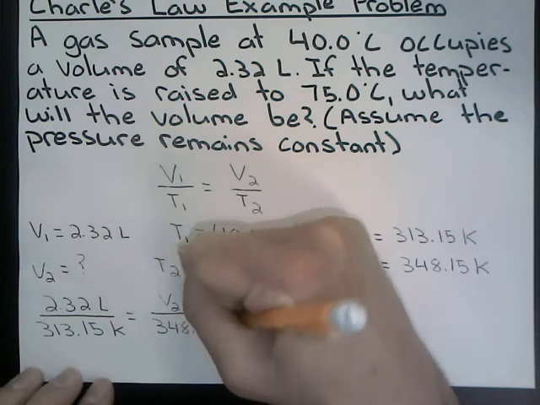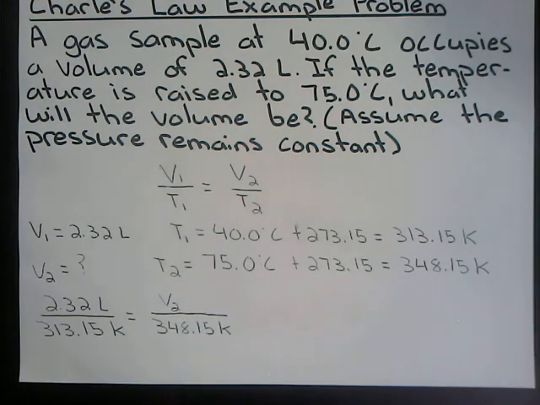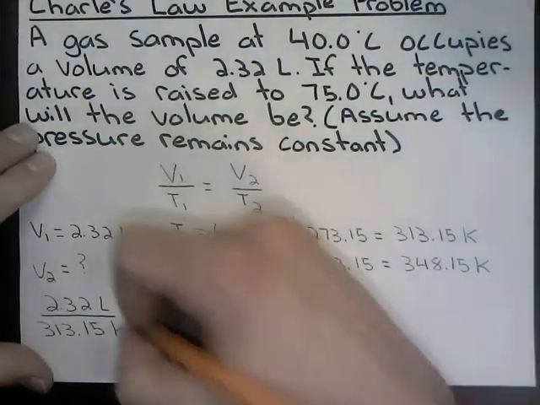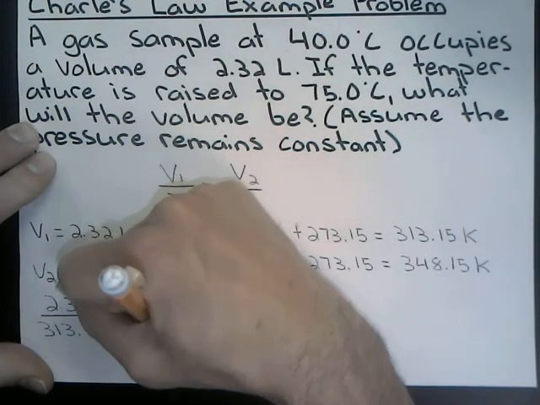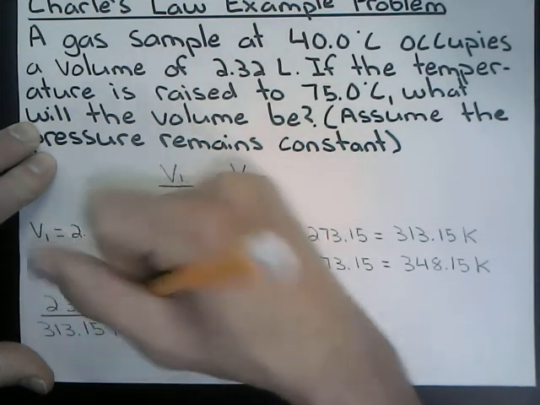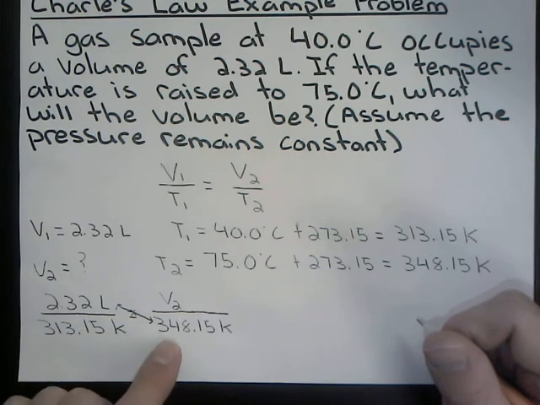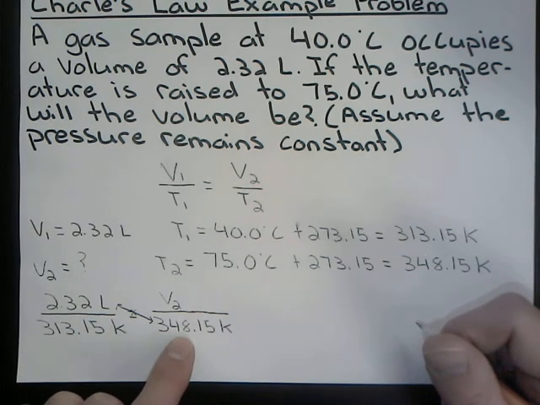Okay, so now what we need to do is we need to cross multiply. I'm not going to do any calculations. I'm going to set it up first, and then we will calculate. So the first thing that we need to cross multiply is our 2.32 liters and our second temperature of 348.15 Kelvin.